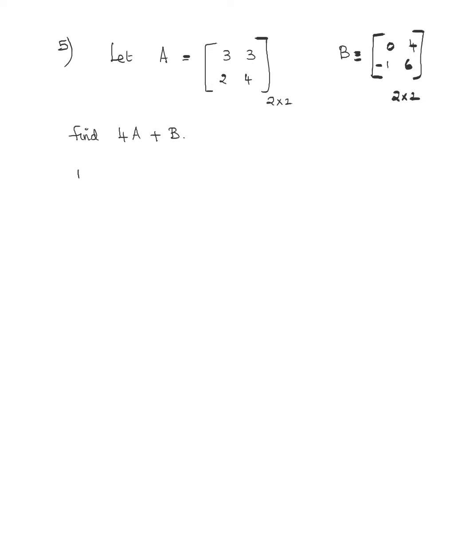What that means, let's first find 4A. 4A is equal to 4 times the matrix A. What that means is you're going to multiply this 4 with each element here. So that is going to be 4 times 3 and 4 times 3, 4 times 2, 4 times 4.